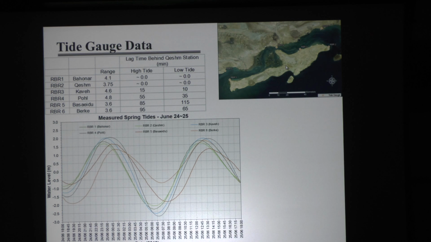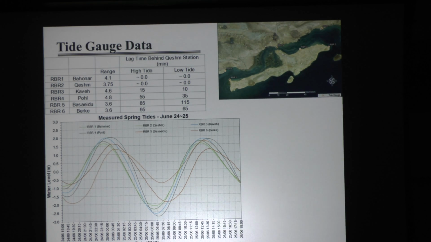Actually, it somehow shows that during the flood phenomenon, the water coming from the Strait of Hormuz to this part, there's some resistance for traveling water inside the Khuran Strait here, and the tidal situation in this area is affected by this, the water coming from this way and also from this way.